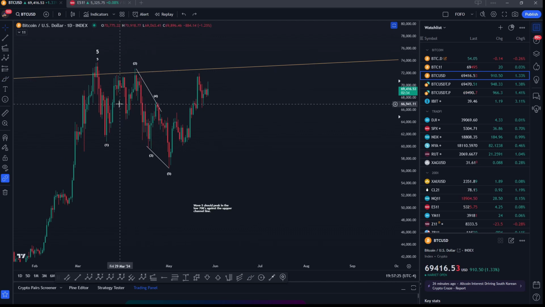What the book says about depth of correction guidelines: there's only one thing in the entire book that references depth of correction in regards to a leading diagonal. And that is, it says when wave 1 is a leading diagonal, expect a deep correction. Okay, what is deep? I don't know what the definition of deep is.